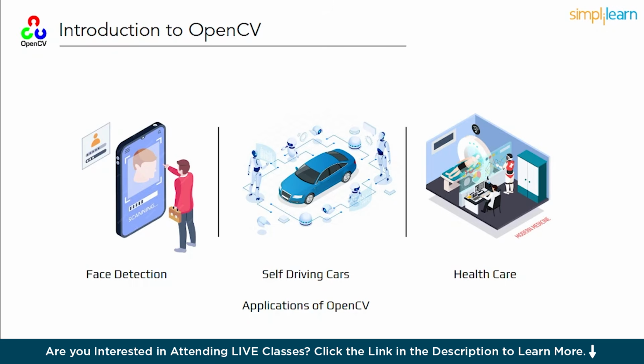Similarly, OpenCV is very useful in the healthcare sector as well, where it allows us to look at the images of pathological examination or radiological examination that generate magnetic images like MRI scans or X-ray scans, and we can make informed decisions.